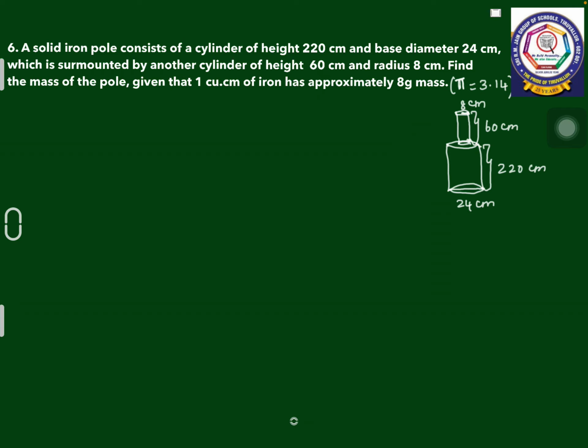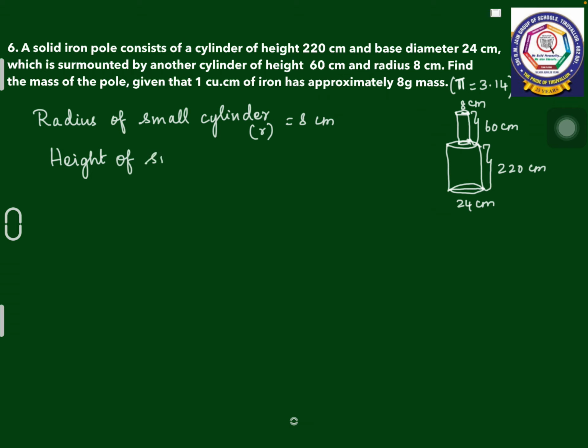So what is given first? Radius of the small cylinder, there are two cylinders, right? So radius of the small cylinder is given as 8 centimeter and the height of the small cylinder is 60 centimeter. Why do I mention it as small and big? Because one cylinder is smaller than the other one.